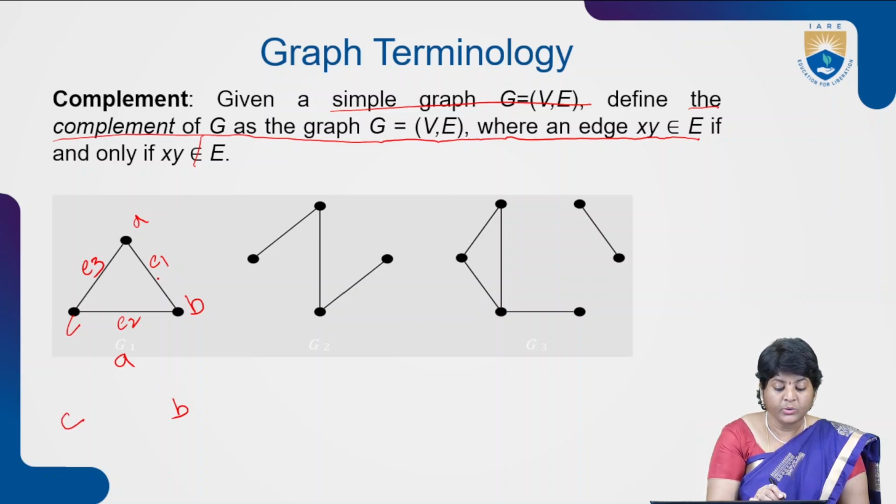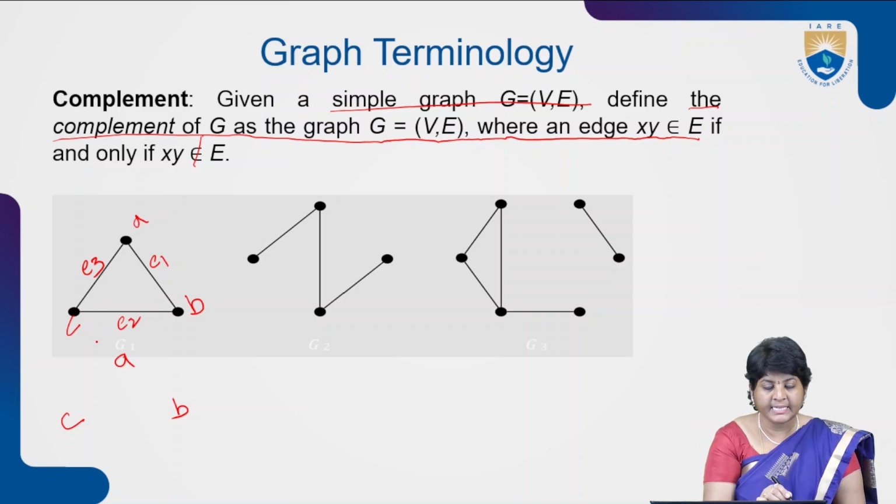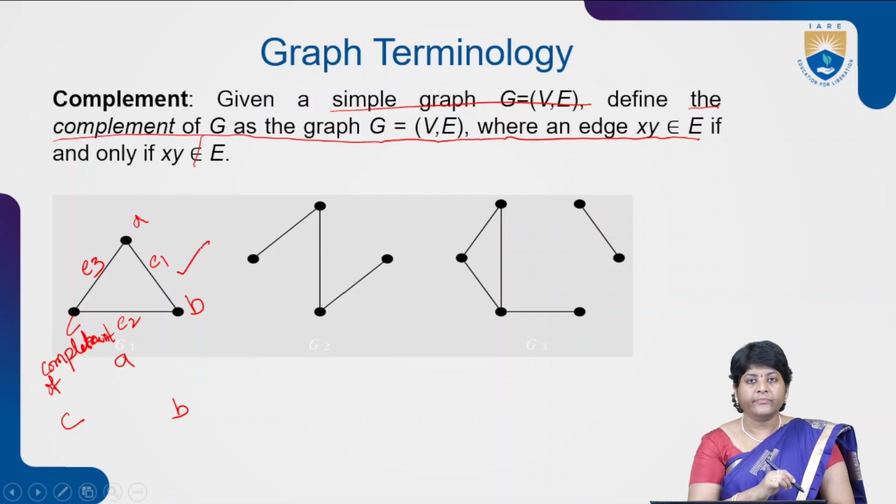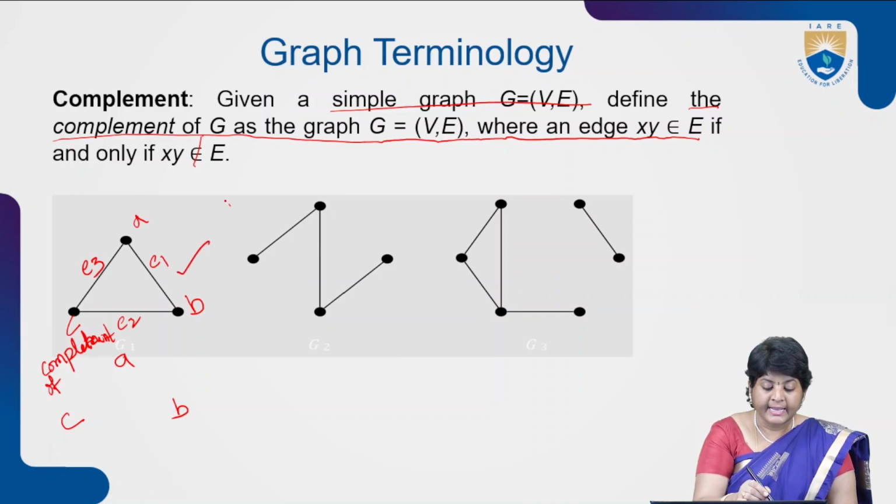If you observe, a connecting edge is established between A and B, B and C, C and A. Now we will remove that. We will remove that A to B, B to C, C to A. This is not required because this is the complement. So this figure is the complement of this one. And second, example 2.